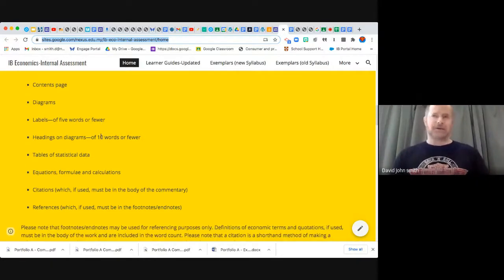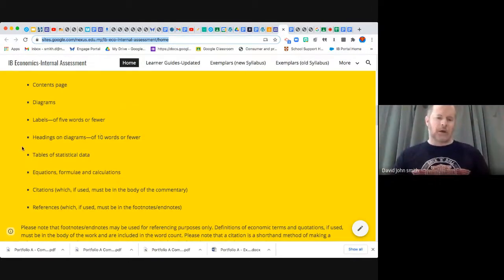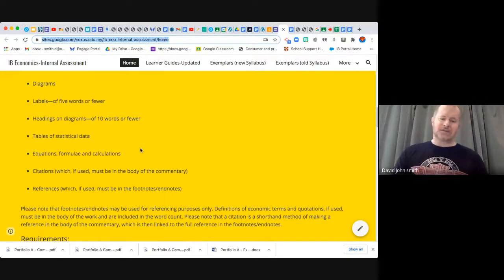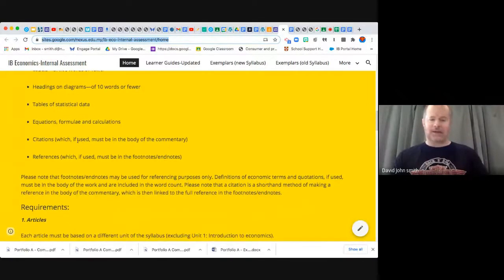Okay, so you can't add extra text into your labeling. Headings on your diagrams need to be 10 words or fewer. Tables of statistical data, you can put those in, if they are in your article and you want to comment on them. Equations, formulas, and calculations, if they are needed, they can go in. And again, they don't count to your word count.